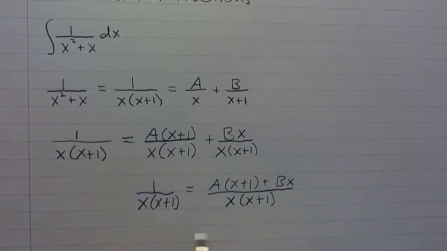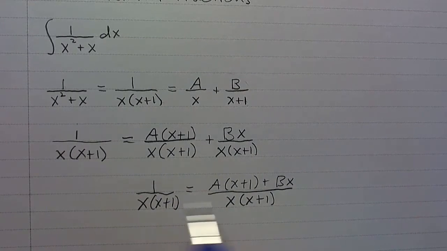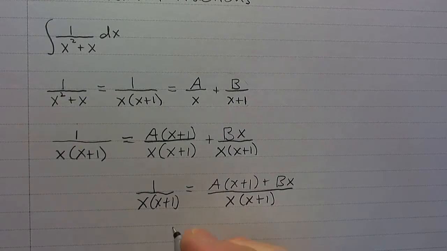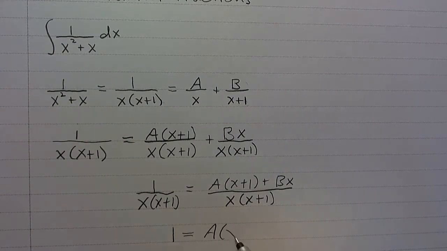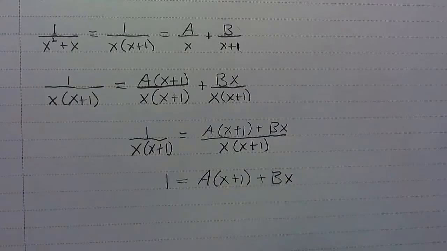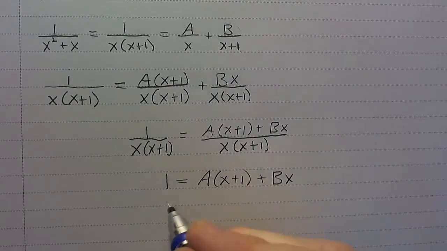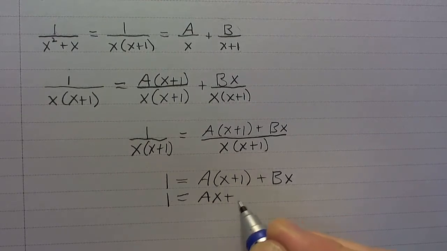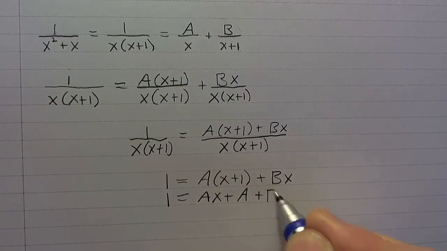Since these two are equal and they have the same denominator, let's just focus on the numerator. So I've got 1 equals A times x plus 1 plus Bx. Now, I'm going to clear the parentheses, and I've got 1 equals Ax plus A plus Bx.